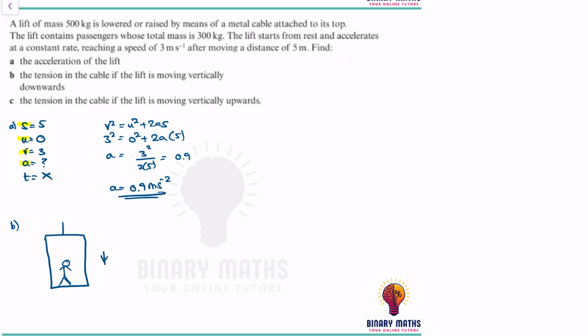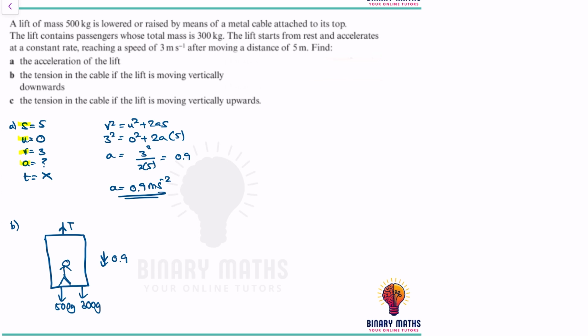So that means acceleration is going down and it's 0.9. The lift has a mass of 500 kg, so it'll be 500 g from the lift, but also the passengers add a weight of 300 g as well. And the lift also feels tension pulling it up.